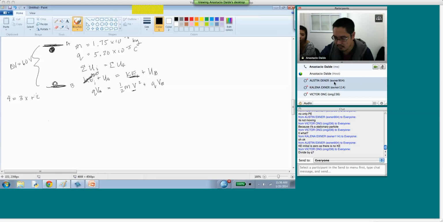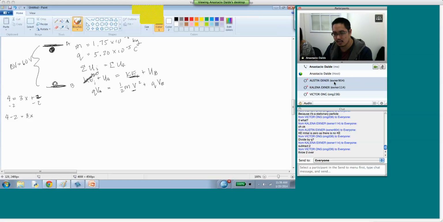Subtract both sides by 2. So I've got 4 minus 2. Do you mind if I just leave it as 4 minus 2? I'm not going to subtract it just yet. And then I divide both sides by 3. We cool? I get x all by itself.